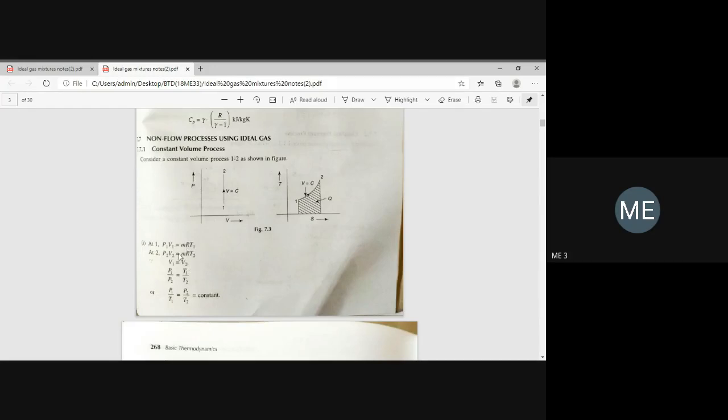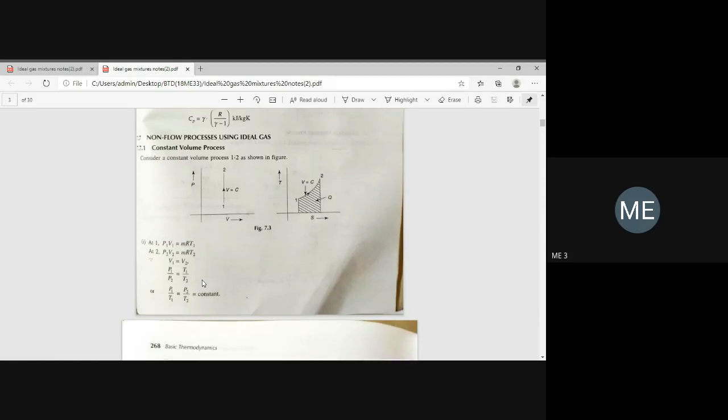So whenever you take the ratio, you get P1 by P2 equals T1 by T2, which equals a constant. In the exam, they will give three conditions, and the remaining fourth condition you have to find using this equation, P1 by P2 equals T1 by T2, whenever the volume is kept constant.